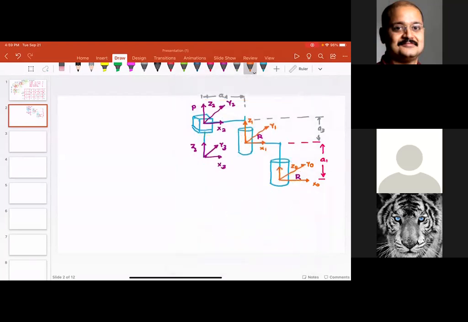And then there's a rotation here. There's a rotation here. And there is this distance.